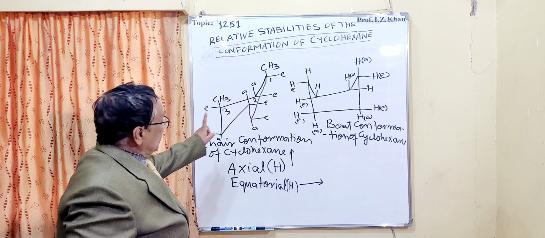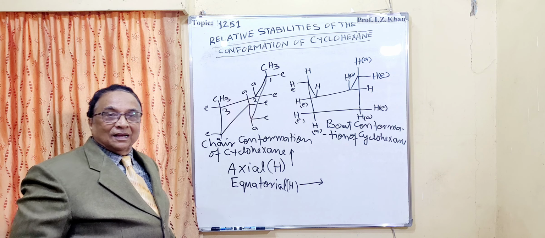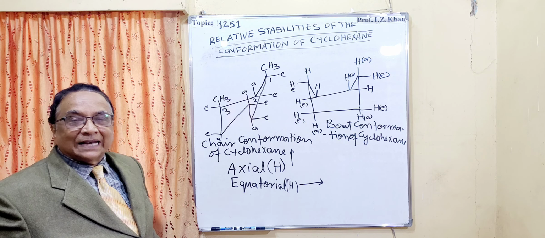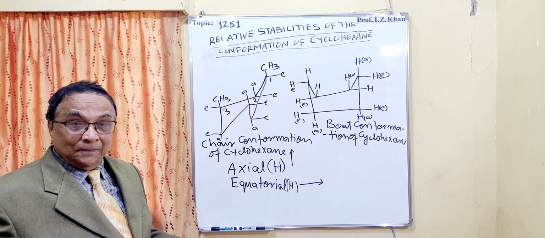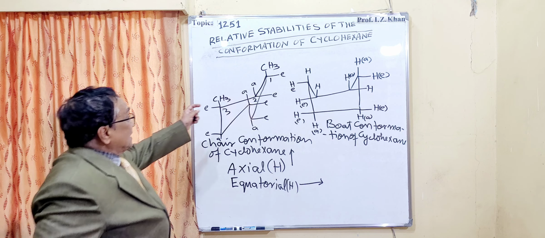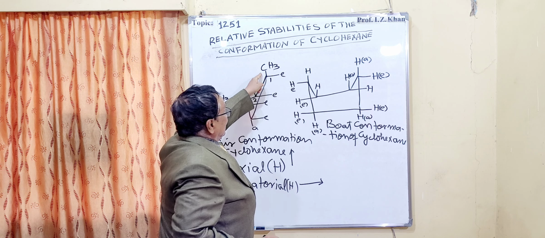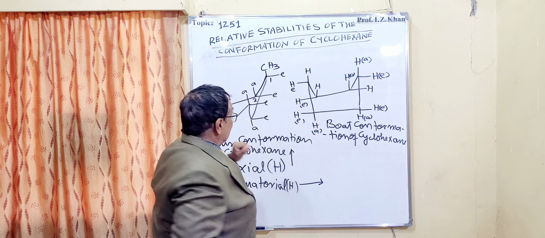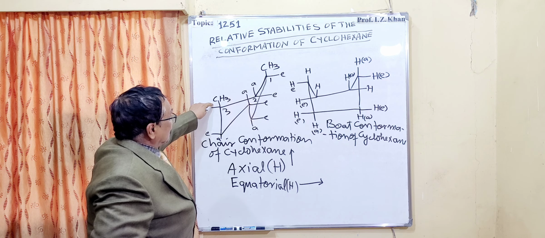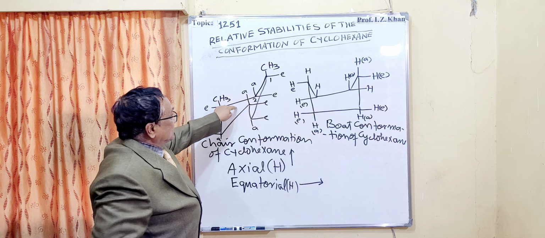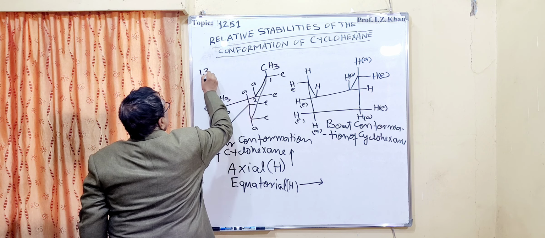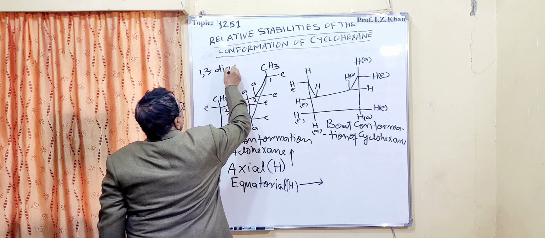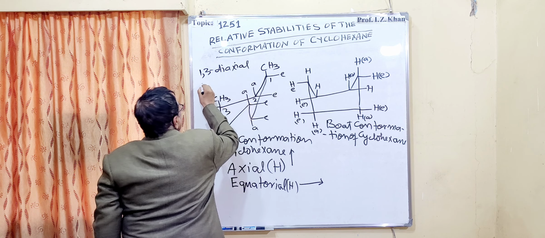So we will call this substitution 1,3 diaxial dimethyl cyclohexane, because at the axial position a methyl group is attached, and here at the axial position again a methyl group is attached, and if such a type of arrangement is there, that is called 1,3 diaxial position.